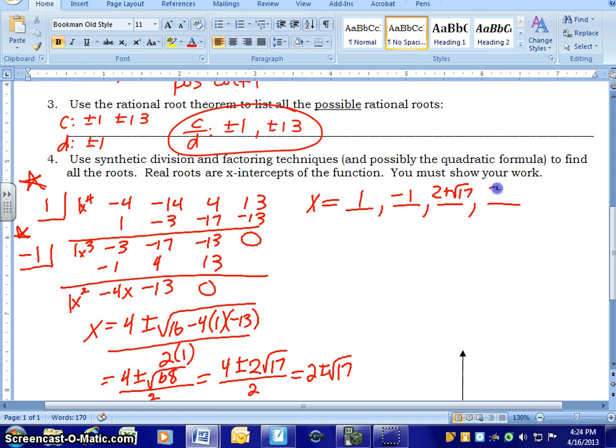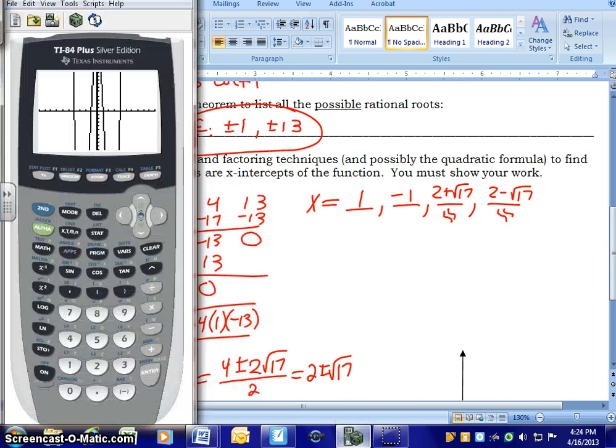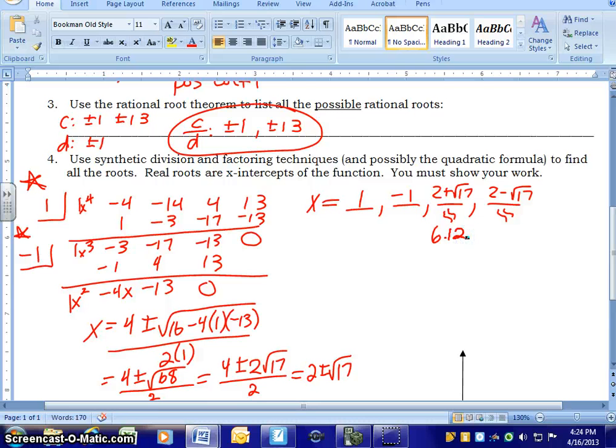I'm going to go ahead and put them on my list. And because I'm graphing, I'm going to find out what they are approximately. So let's go to our calculator and make sure we can figure this out. What we have here is 2 plus radical 17. That gives us approximately 6.12.